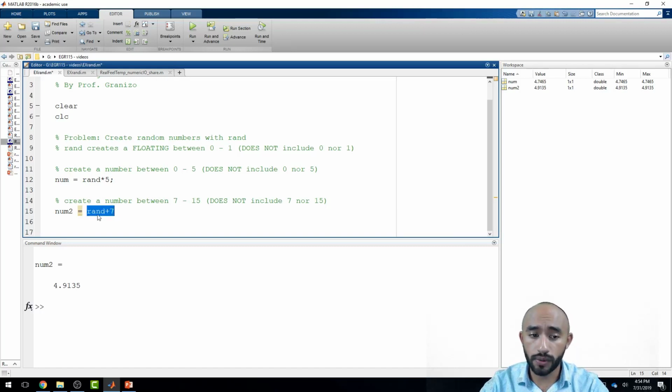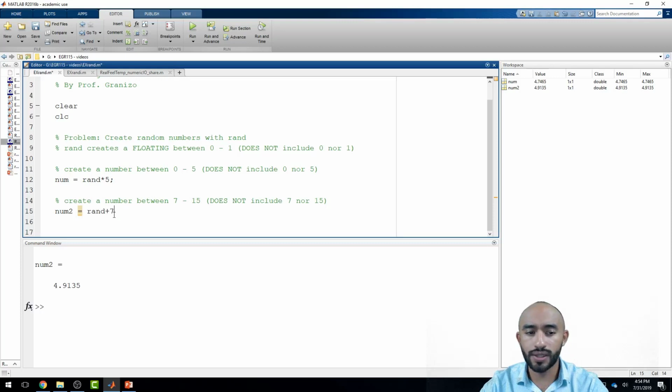The lowest possible value out of this combination is very close to 7, so I'm in business. And the highest possible value out of this combination so far is going to be 1 plus 7, 8.